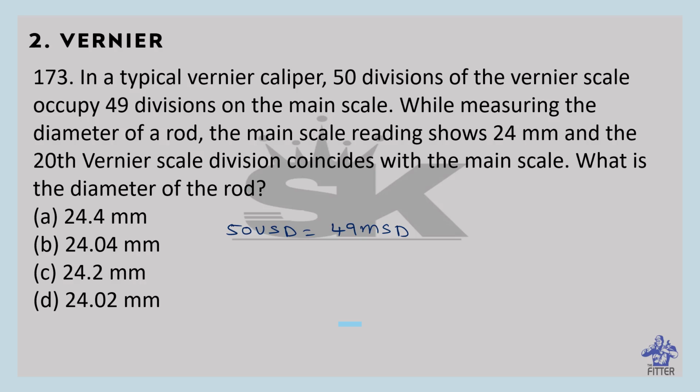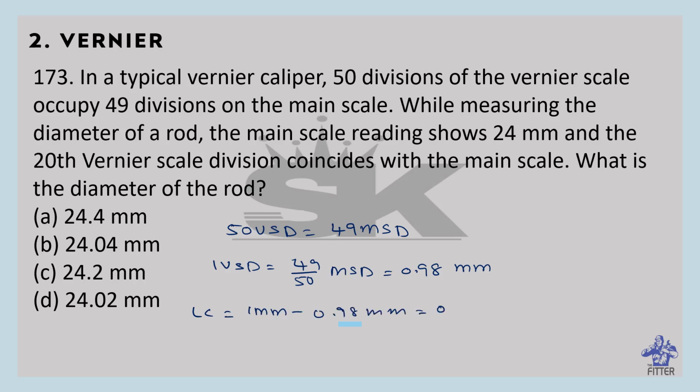So 1 VSD equals 49 by 50 MSD, that is 0.98 mm. So the least count equals main scale division 1 mm minus 0.98 mm.